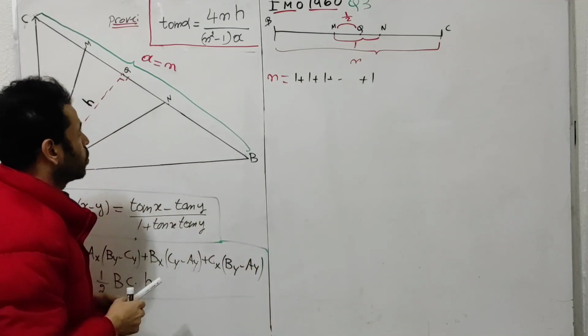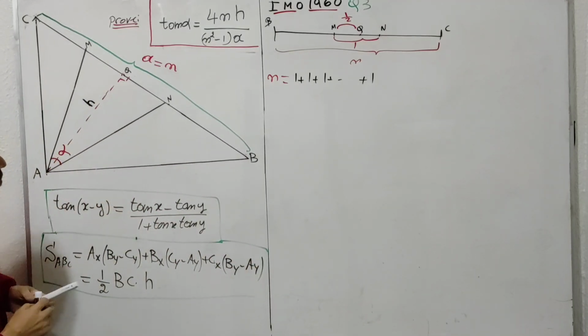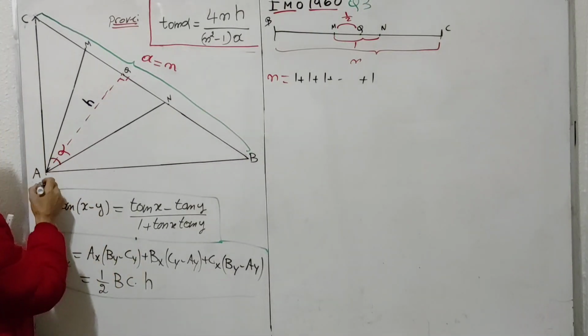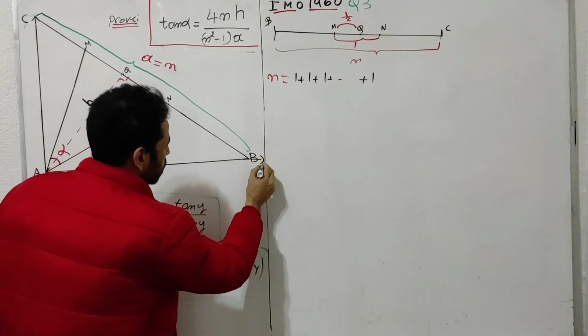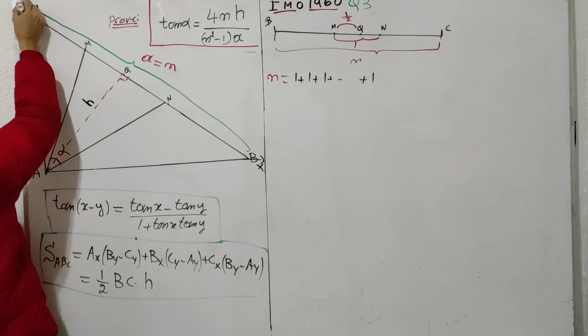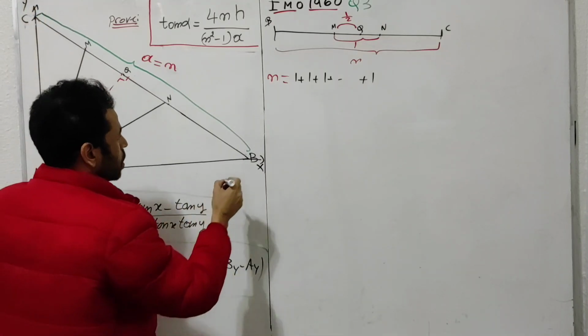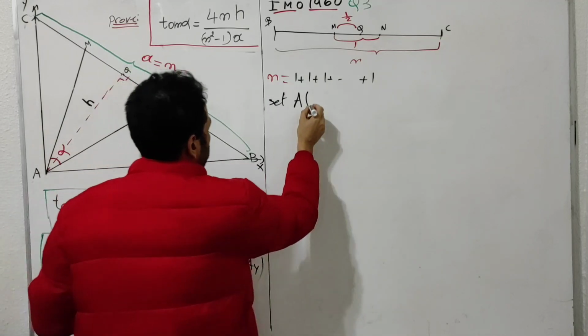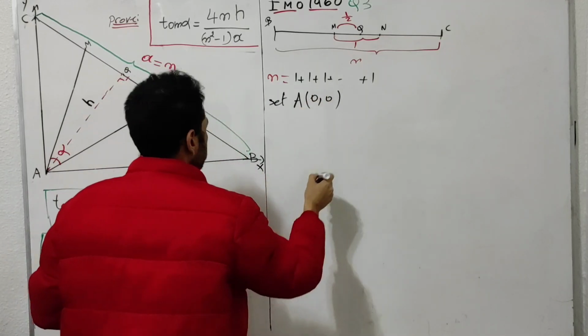Now, in order to solve our problem, I'm going to put this figure into the coordinate plane. Let's take A as the origin, with this as the x-axis and this as the y-axis. A is the origin, which is (0, 0).